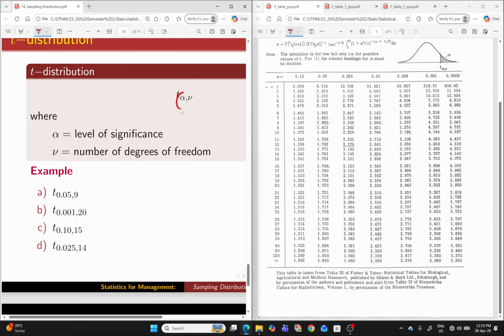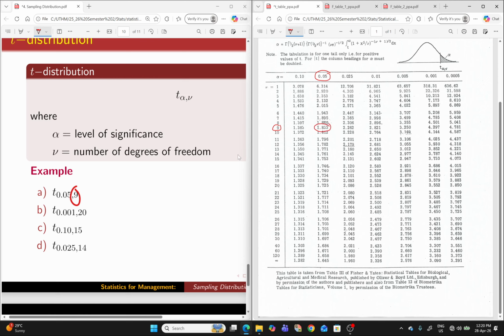We call this one level of significance. This one is number of degrees of freedom. Okay, how to read this one? T 0.05 and 9. What is the level of significance? 0.05 is here. 9 degrees of freedom is here.